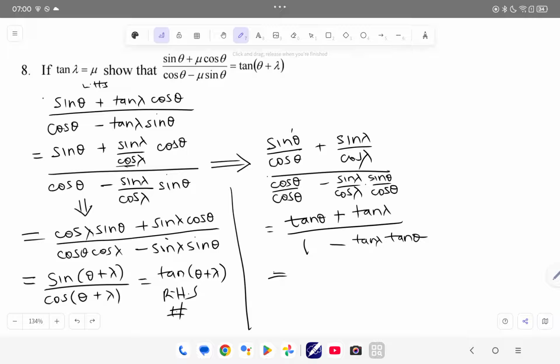You look at this: it is an addition formula for tan of theta plus lambda, which has proved our right hand side. So there are very many interesting ways of solving these questions. It depends on your level of creativity and practice.